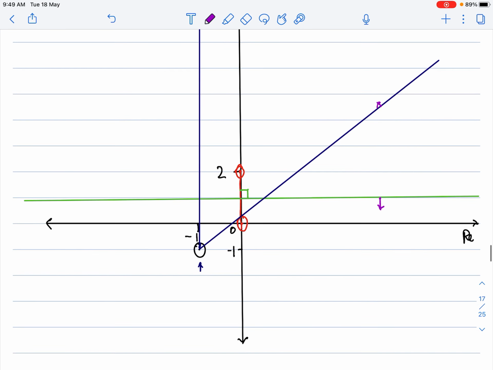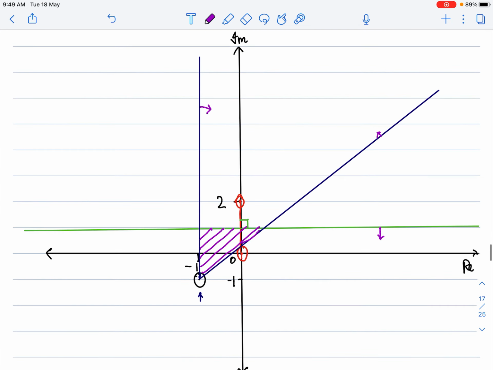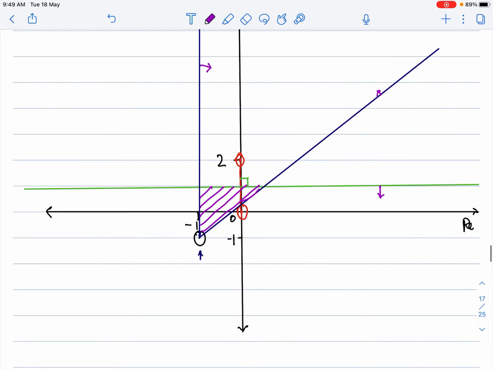So the direction is something like this and this. So now to match all the criteria, if I shade the area in between, it's matching all the inequalities, because it's less than the green line and it's between 1 upon 4 pi and 1 over 2 pi. So yeah, the area in the purple is basically the shaded area.